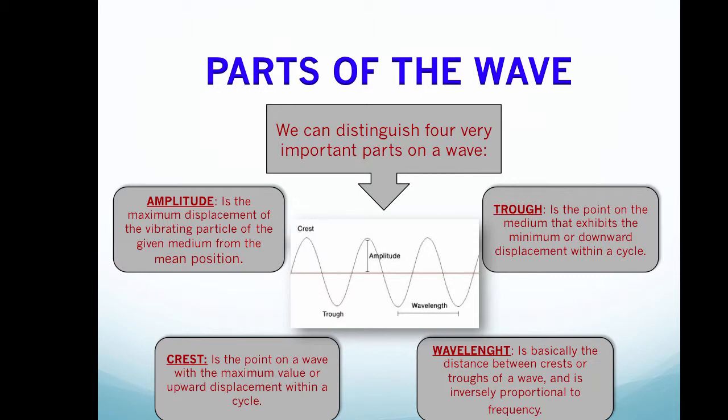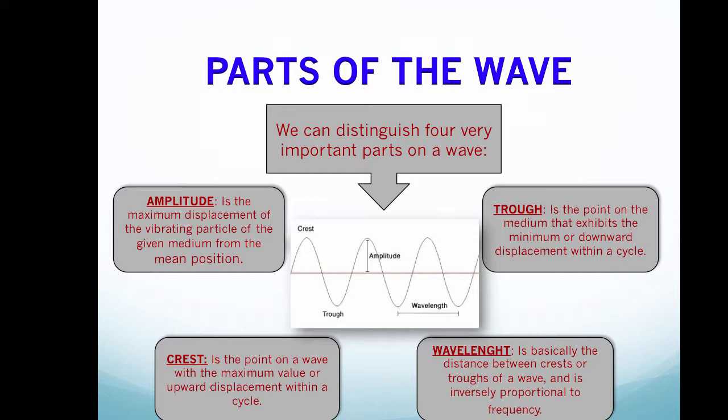Parts of the wave. We can distinguish four very important parts on a wave. Amplitude is the maximum displacement of the vibrating particle of the given medium from the main position. Crest: a crest is the point on a wave with the maximum value or upward displacement within a cycle.